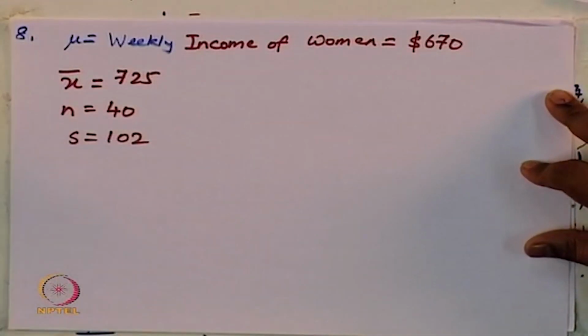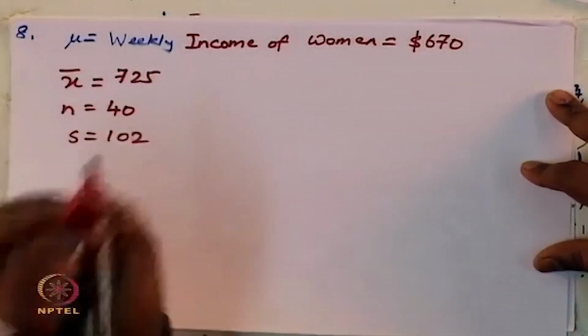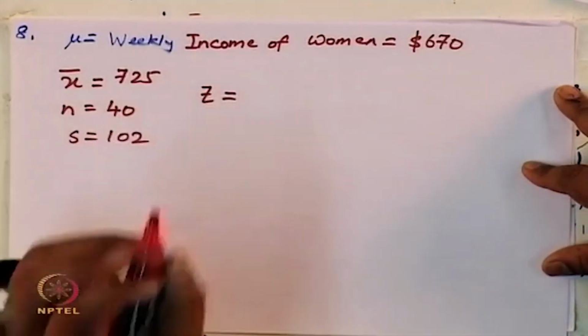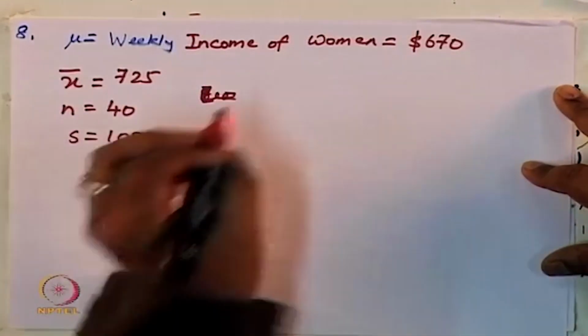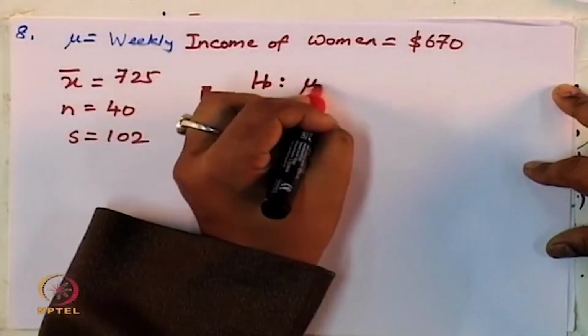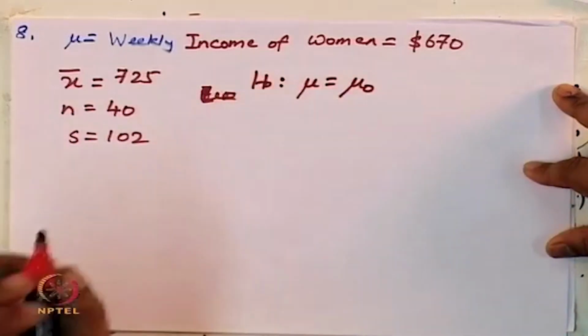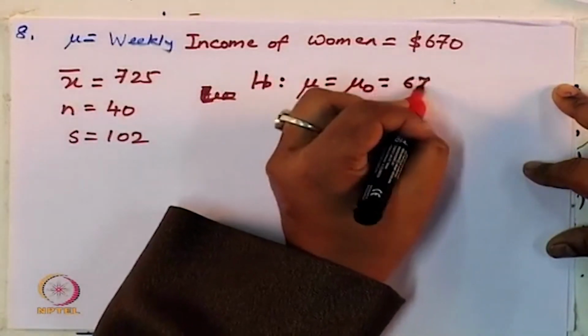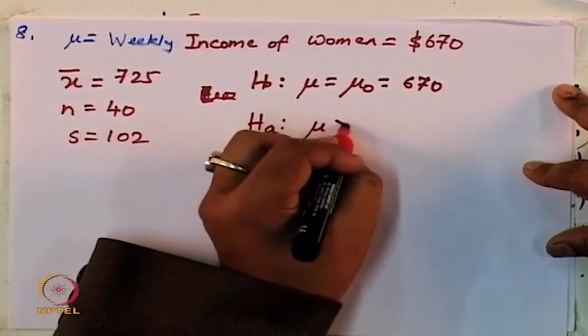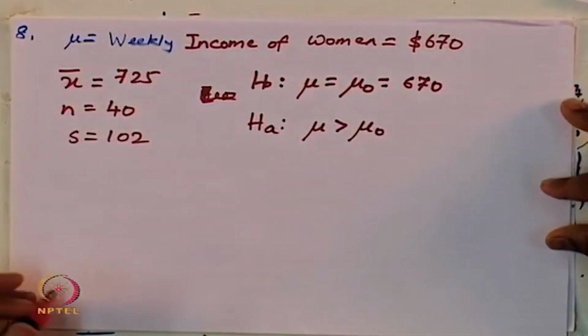As before, we want to calculate the test statistic, which is given by Z. Before doing that, let us write the null hypothesis. The null hypothesis is mu equal to mu naught equal to 670 and HA is mu greater than mu naught.